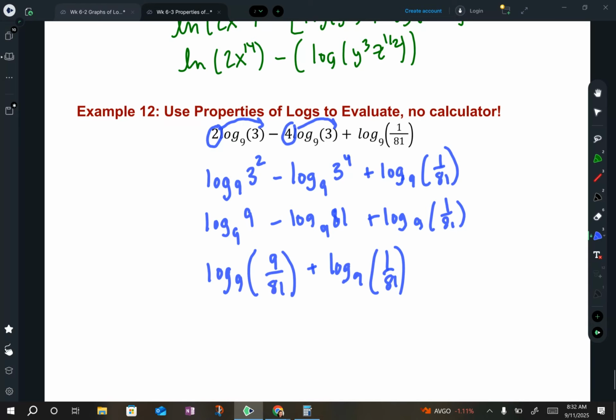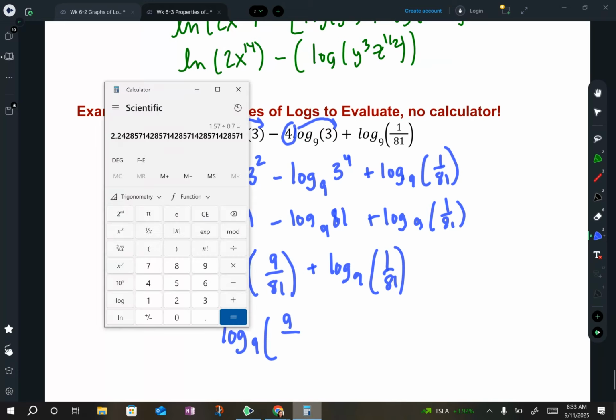This is a product property, so this is log base 9 of 9 times 1 over 81 times 81, which is 81 squared, which I don't know off the top of my head. Oh, good, I have a calculator right here. What's 81 squared? 6561.